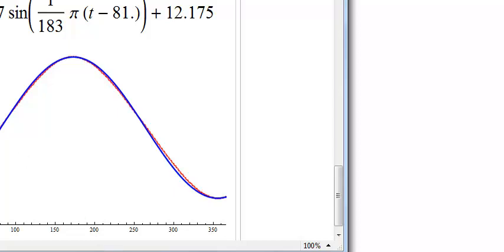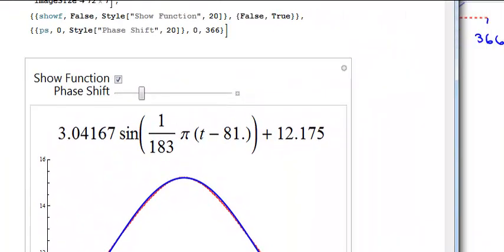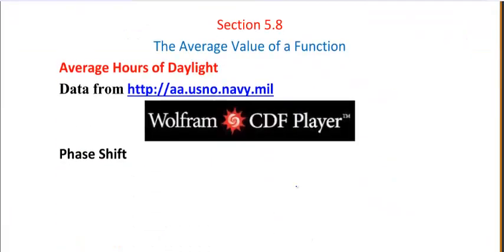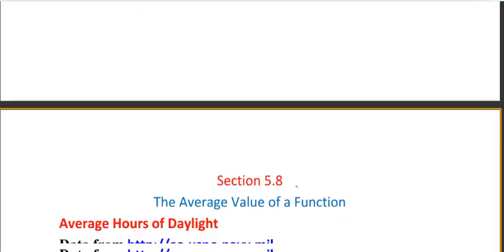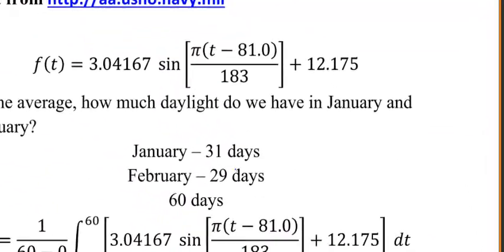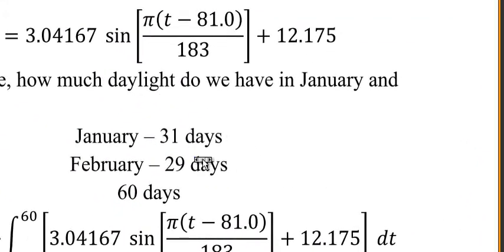And so here is the function that we can use to calculate the average value. I've already accomplished the phase shift, and here's that function. Now let's calculate the average value. I have done all the work here, so it'll be there for you. You saw how we developed our function.